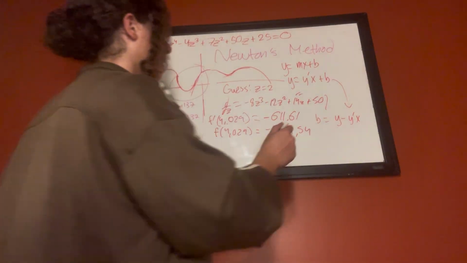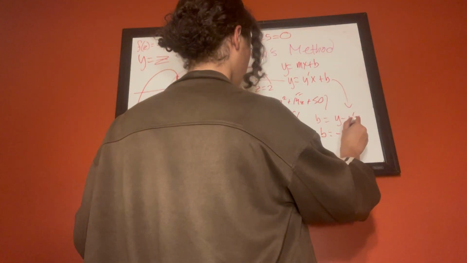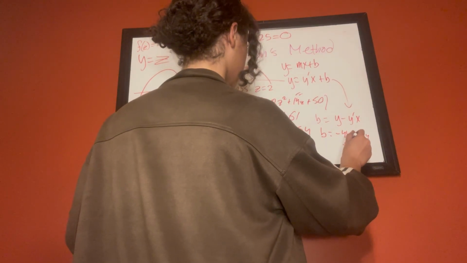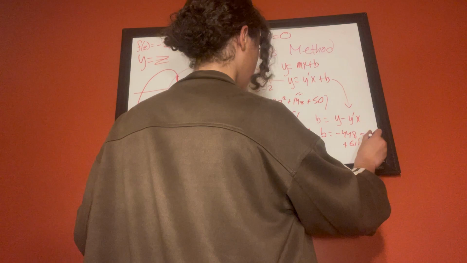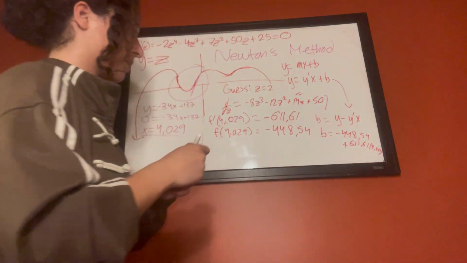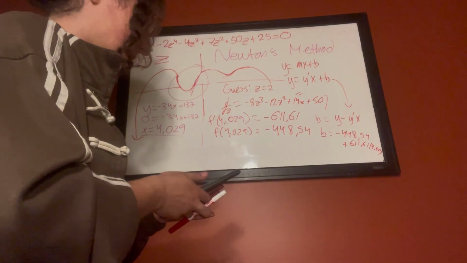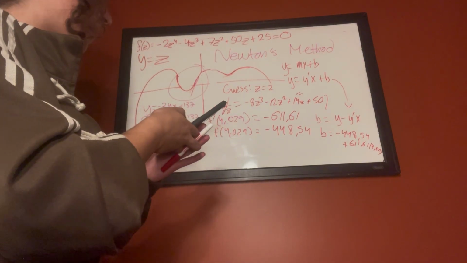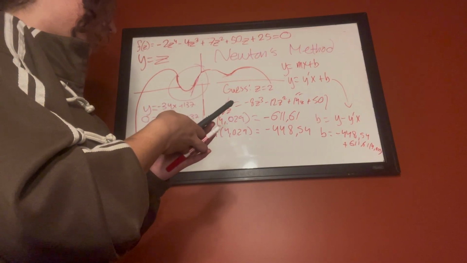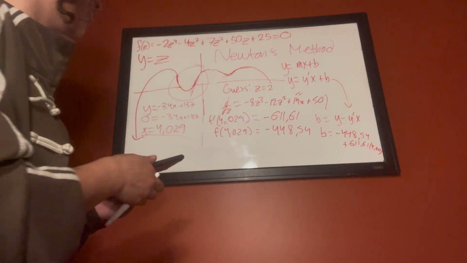So b is just minus 448.54 plus 611.61 times 4.029. So 611.6 times 4.029 minus 448.54. Oh, goodness me.